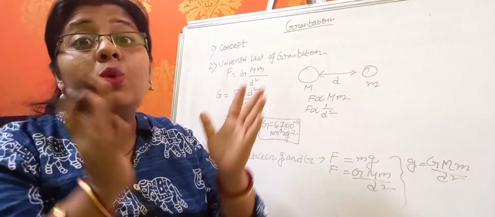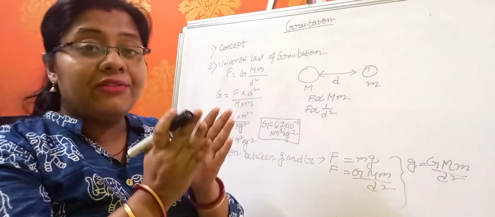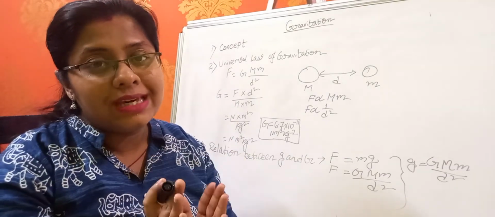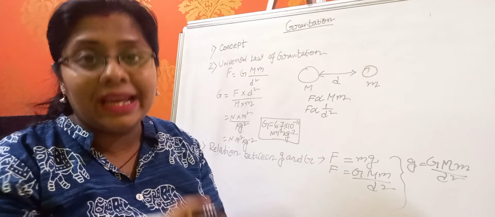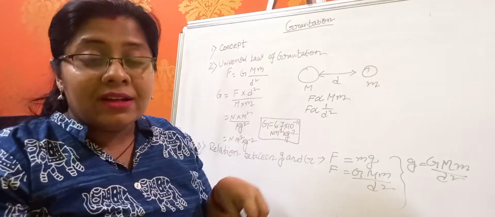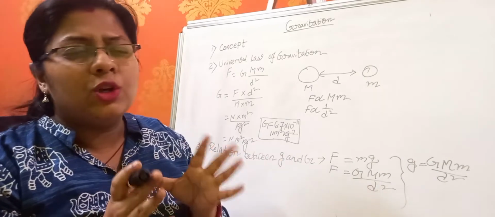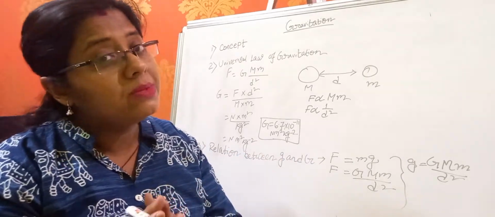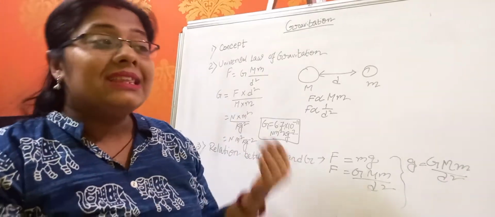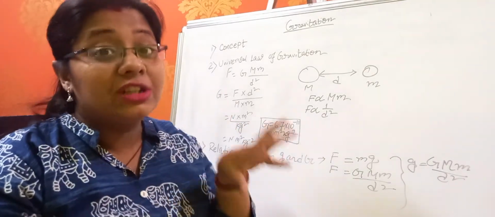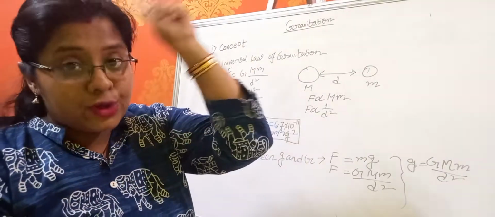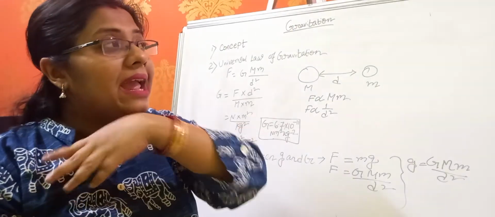Why is it universal? Because the value of capital G does not change. On the Earth, the value of capital G is 6.7 into 10 to the power minus 11 Newton meter square per kg square. You will get the same value for G if you move to the moon or anywhere else.